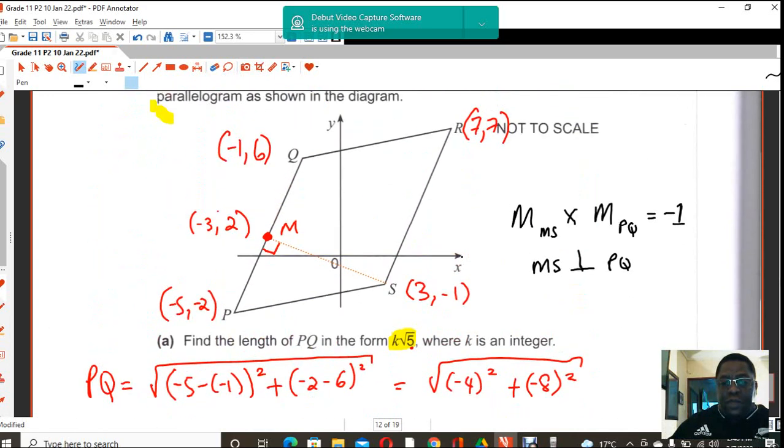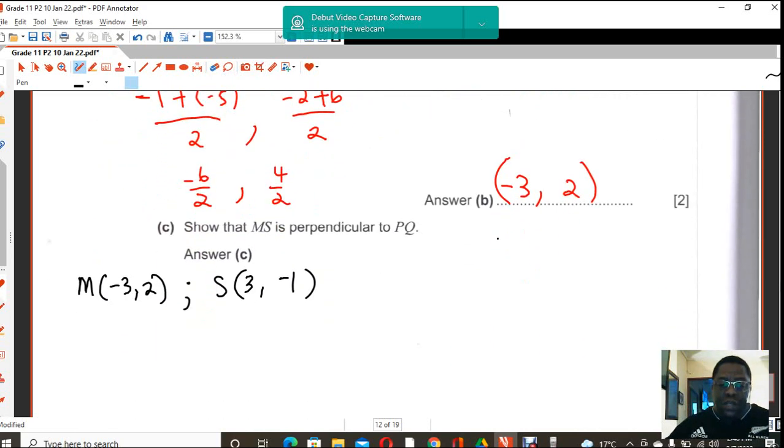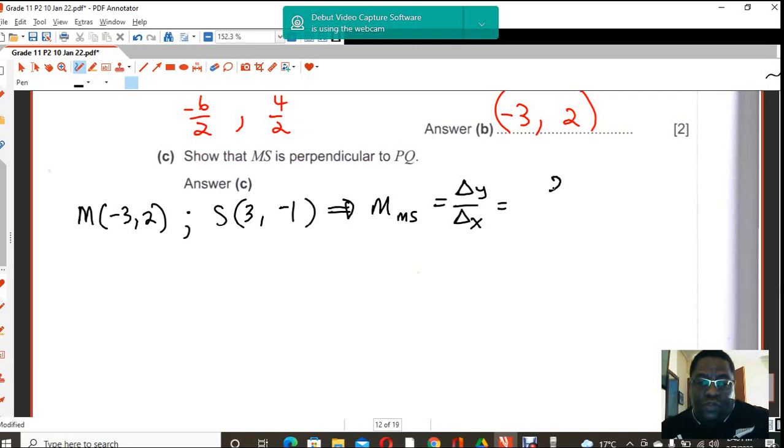The coordinates of S are 3, -1. Okay, let's calculate the gradient of MS. The gradient of MS means you take delta y over delta x. That means the difference in y, so it's 2 minus -1 over -3 minus 3. That gives you 3 over -6, which gives you -1/2.